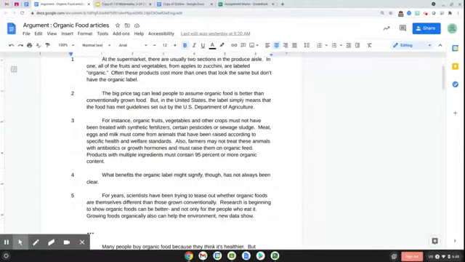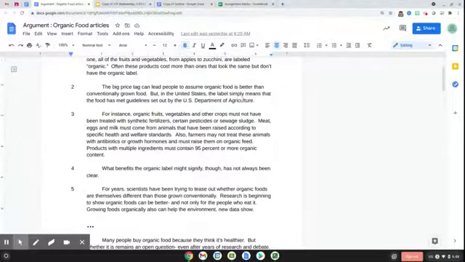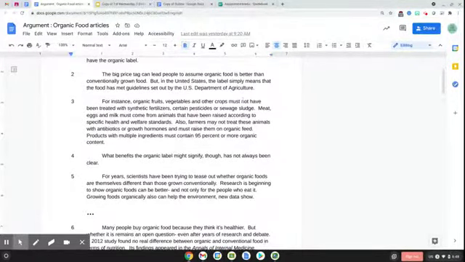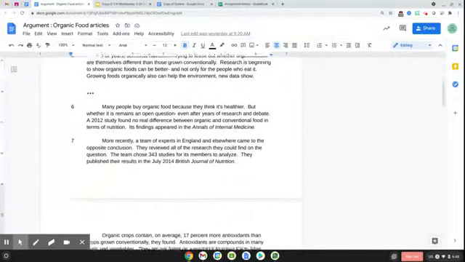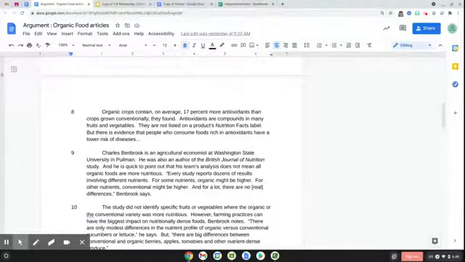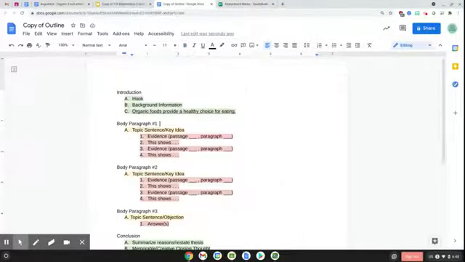I know that it talks about them being healthier because they can't use pesticides, fertilizers, things like that. So it's a little bit healthier in that regard. But also, I want to say that it's healthier for our bodies because of the antioxidants and so forth that are found in it.